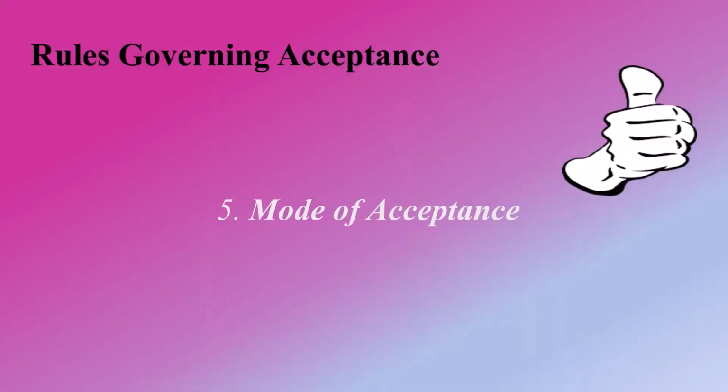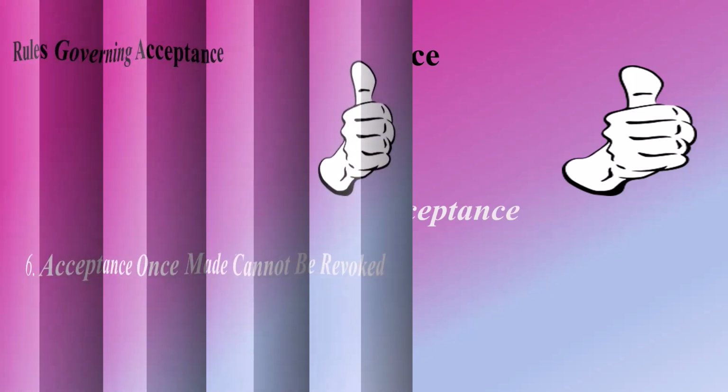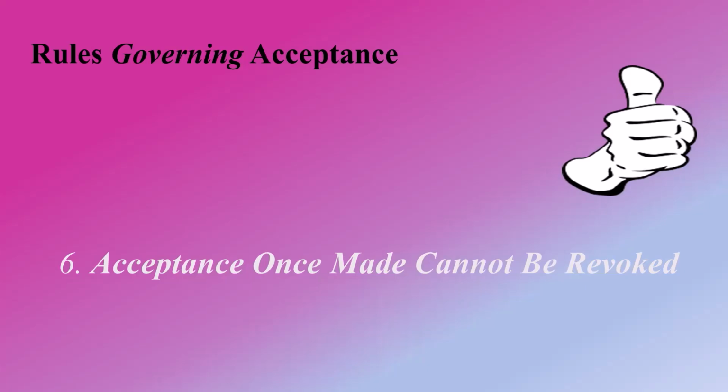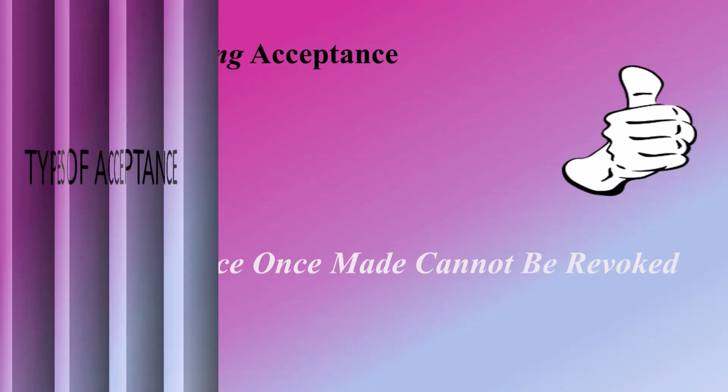Now let's have a look into the rule regarding the mode of acceptance. If a specific mode is prescribed in the offer, the acceptance must follow that mode. If no mode is specified in the offer, any reasonable method is acceptable. Here comes the last rule regarding acceptance. The acceptance once made cannot be revoked. Once communicated, acceptance binds the offeree to the contract.